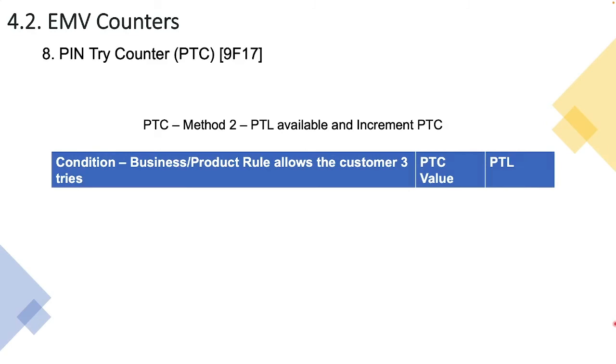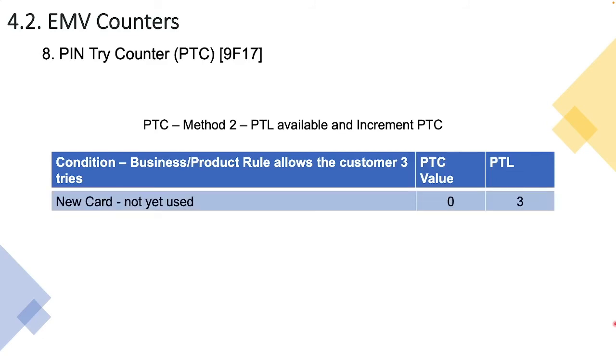Method 2 is where we have a PTL available. So we have a PIN try limit available, and we're going to use this in conjunction with the PIN try counter. Once again, the business rule says that we will only allow a customer a maximum of 3 tries. At personalization, on a brand new card, we have a PIN try counter value set to 0, unlike the previous scenario, but we have a PIN try limit value equal to 3.